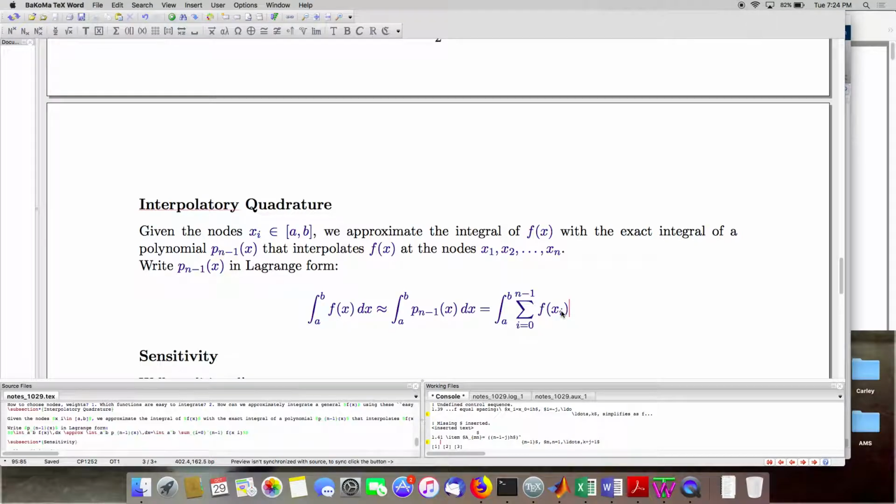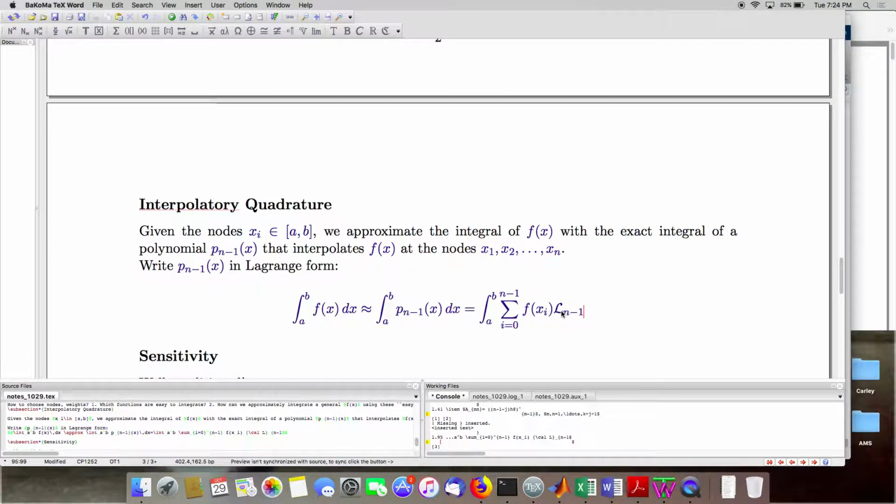As you know from Lagrange interpolation, the coefficients are just the y values. And then we multiply that by the appropriate Lagrange polynomial.